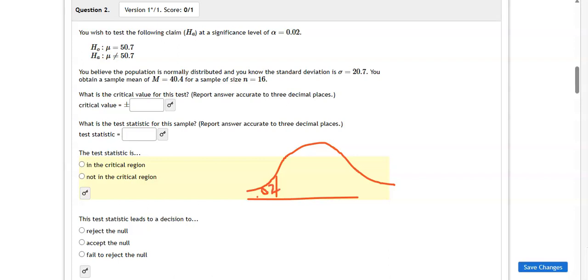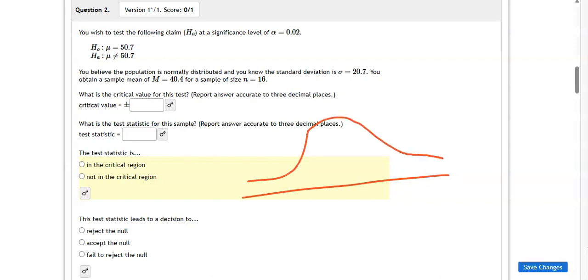Alternatively, if it was a greater than, our rejection region would have been over here on the right. Notice with less than and greater than, our rejection region is always on the side that it points to. That's one way of thinking about it. The 0.02 would be over here.